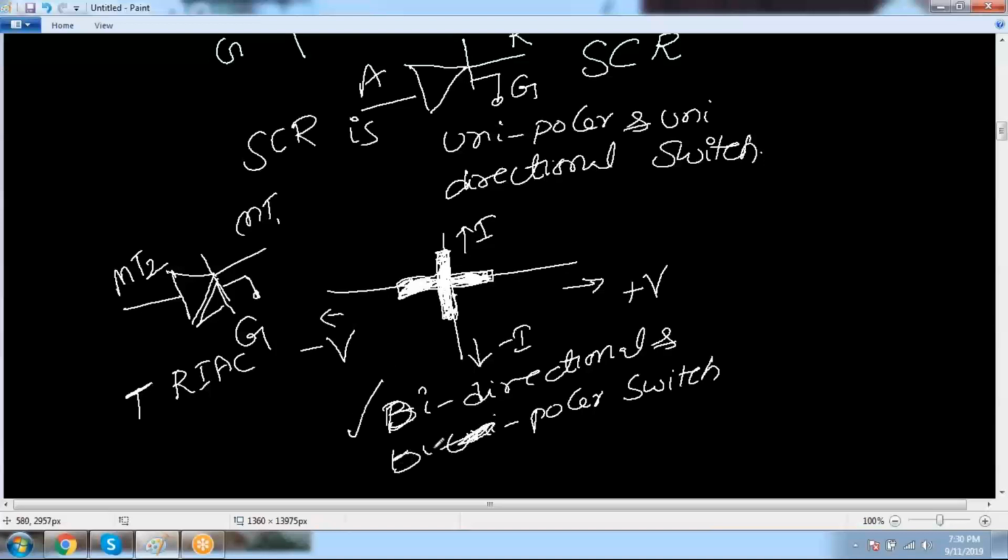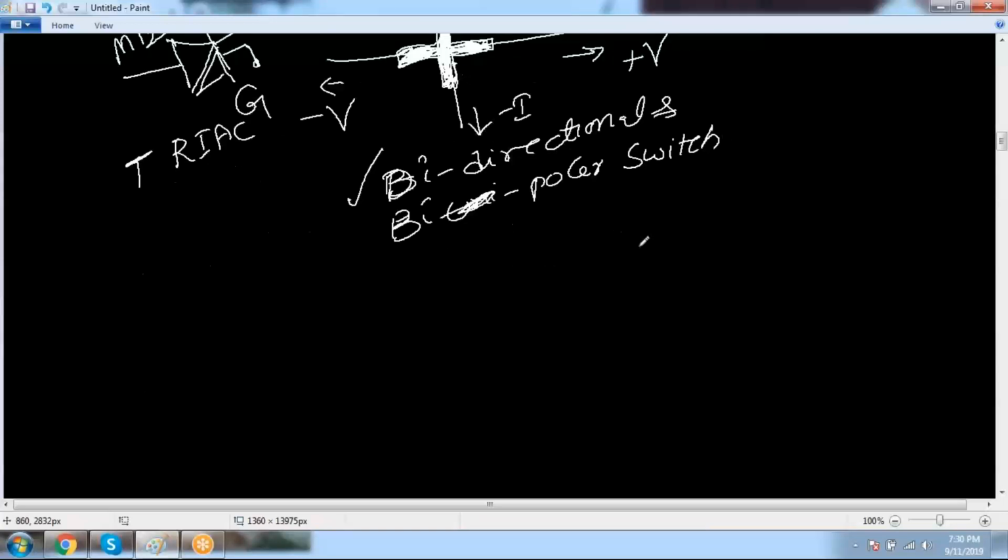This is bipolar. That is bidirectional, bipolar. That means we can take any power electronic switches. They are classified based on the switching operation point of view. It may be bipolar, bidirectional, unipolar, unidirectional, like that. So any device will come under this category. Okay. Now concentrate much on this, so that my job is easy in the next. Okay. Next.